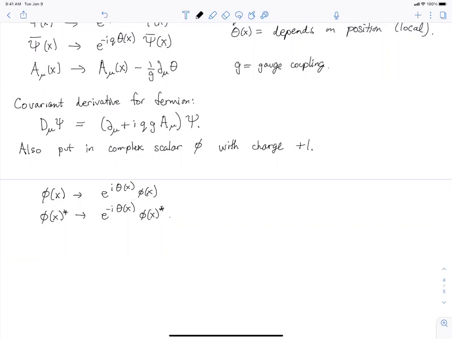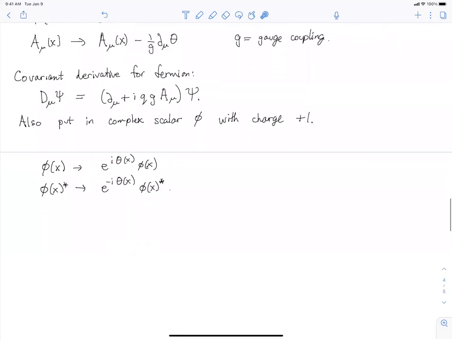If the charge wasn't 1, I would just be putting some extra factor in the exponential. And going along with that, there are covariant derivatives for the scalar fields. So D_mu phi is partial_mu phi plus i g A_mu phi, and similarly for the complex conjugate.